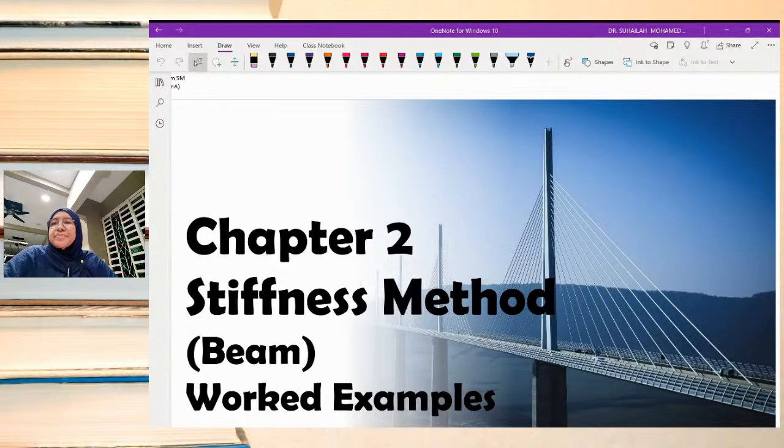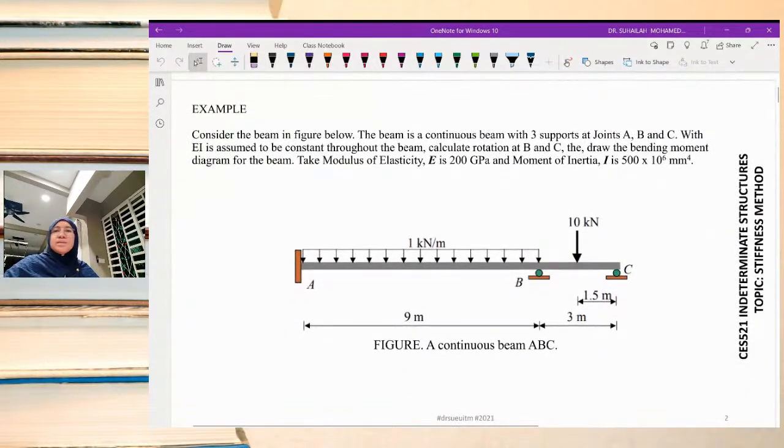Okay, so in this session, I would like to continue the stiffness method. This session we discuss a worked example of beam analysis, an indeterminate beam. Okay, so let's look at the question.